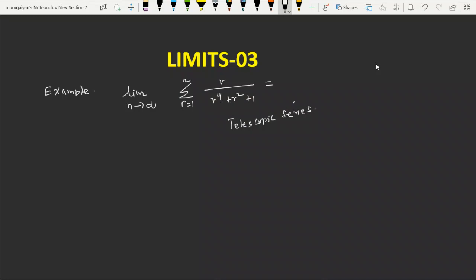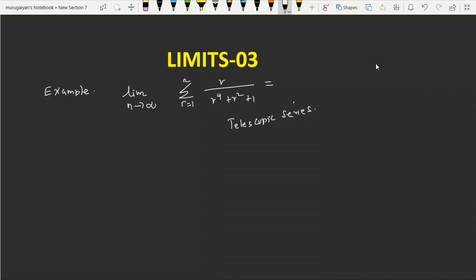The nth term of the given series can be written as a difference of two terms. So every term of the series can be written as a difference of two terms. That kind of series is known as a telescopic series.